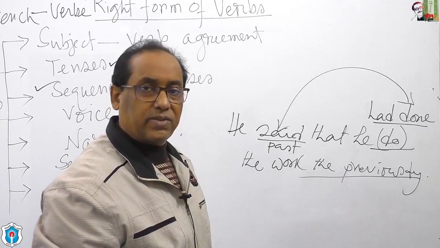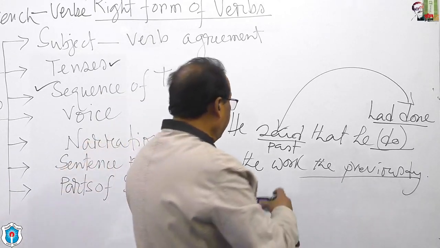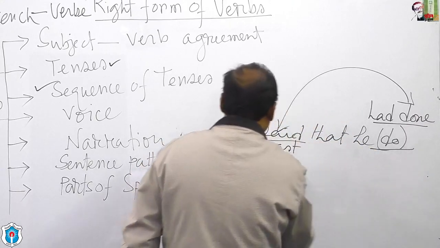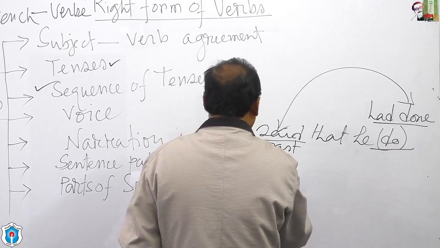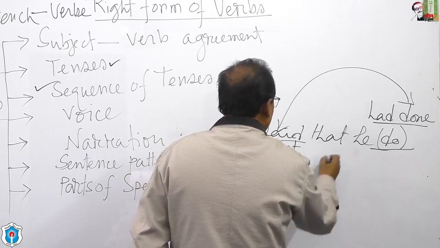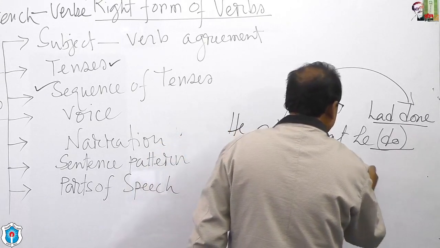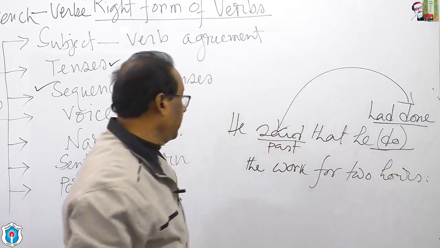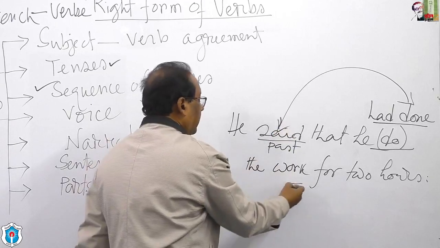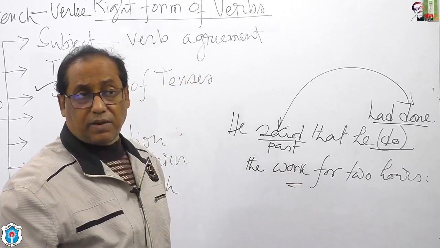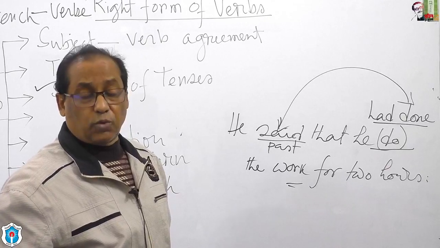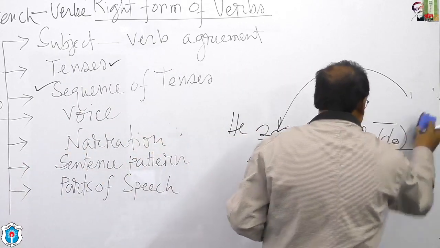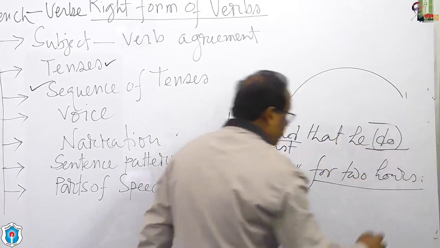of tenses. And again, if I write in this way, he said that he do the work for 2 hours. For 2 hours. Said is past tense, so the next clause should be past. But which one? It is now for 2 hours.